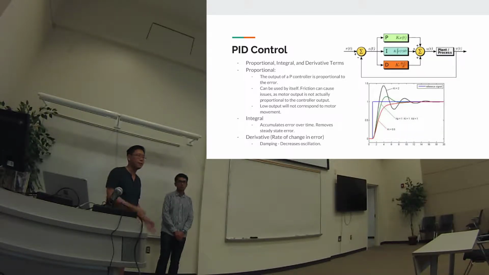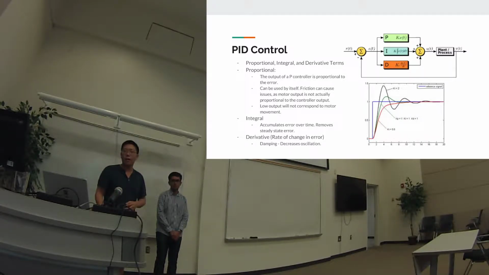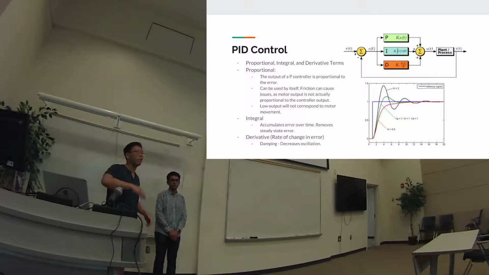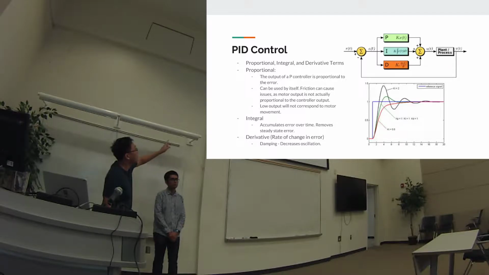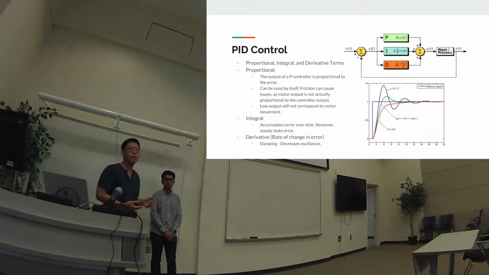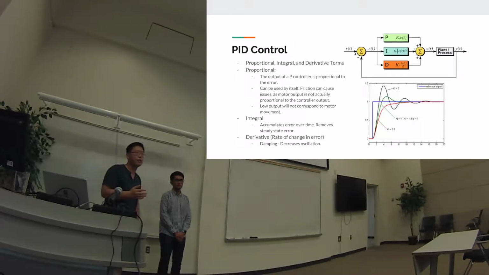You can see in the equation there, it's just the rate of change of error. As your rate of change of error increases, you're oscillating, right? So it basically does damping on the control loop to remove that oscillation. Then you would tune your K coefficients. You see on each term you have your K coefficient, which is just your gain for the specific term in the PID controller, and you have to adjust those correspondingly in order to tune your system correctly.